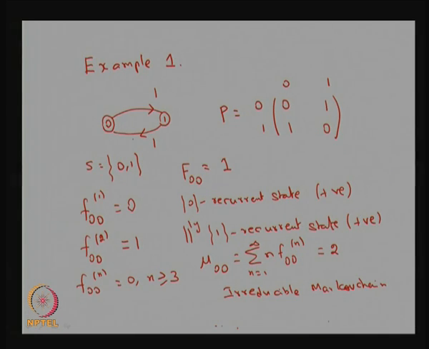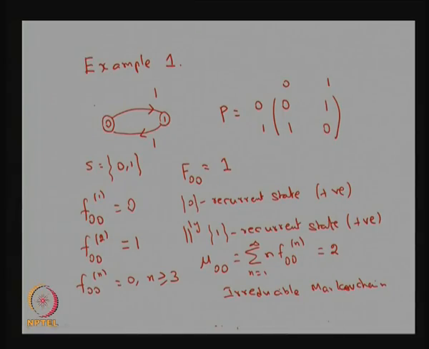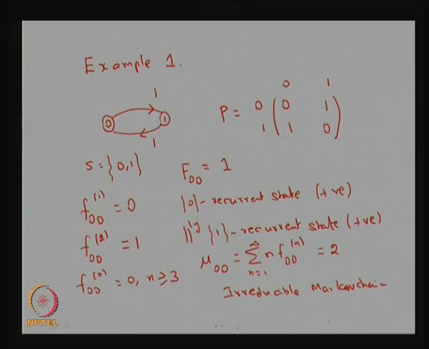You should remember that when you are finding the periodicity, you are finding the number of steps coming back to the same state, not necessarily the first visit. Whereas for f 00 of n, to conclude it is a recurrent state, you are using the first time reaching that state in exactly n steps. So, there is a difference.